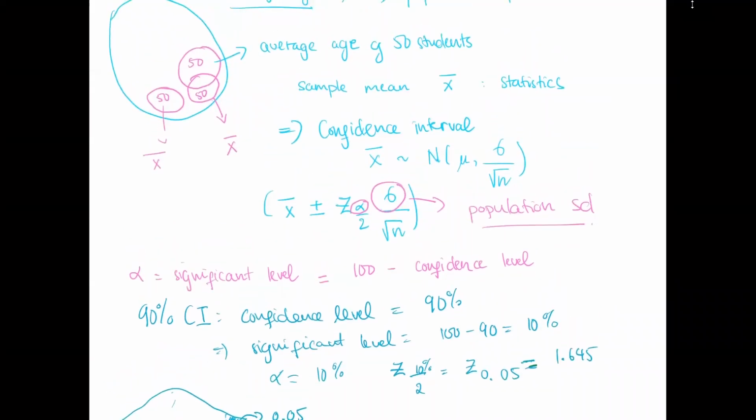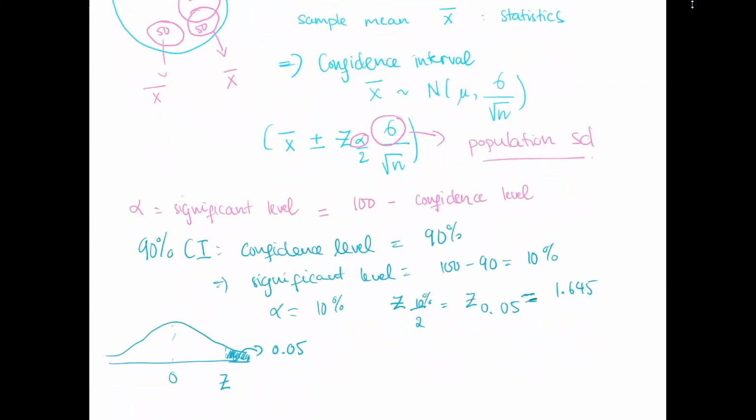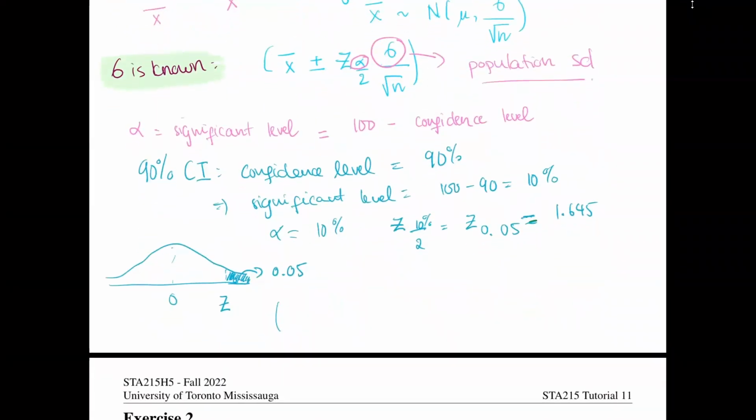What if you don't know the population standard deviation? There's another distribution that you have to use in that case. So let me make it clear. This one is known. This one stands for population standard deviation. When this number is known, then you can use this formula.